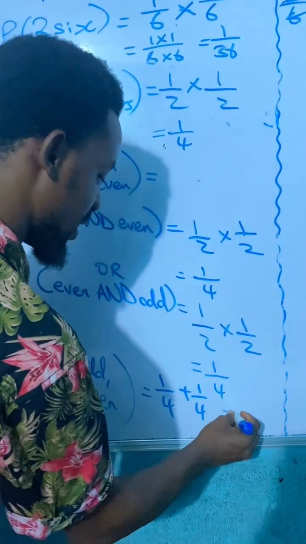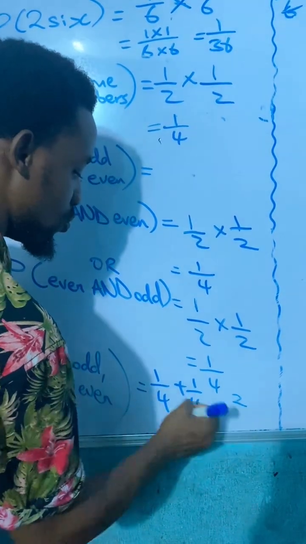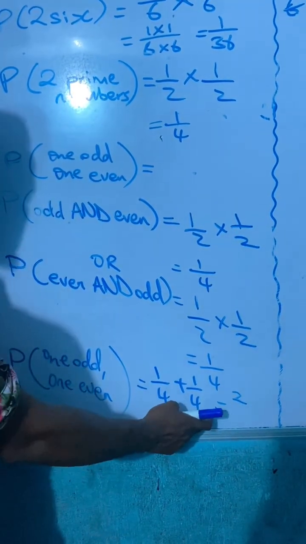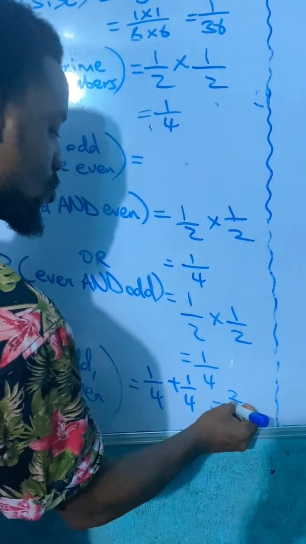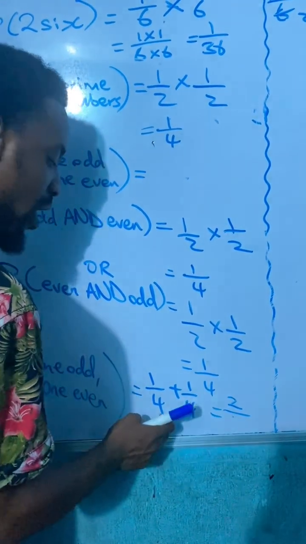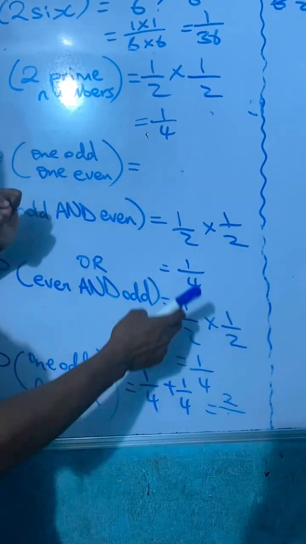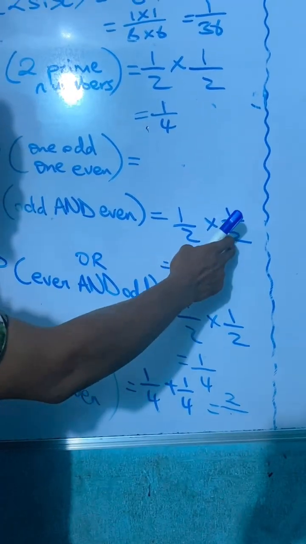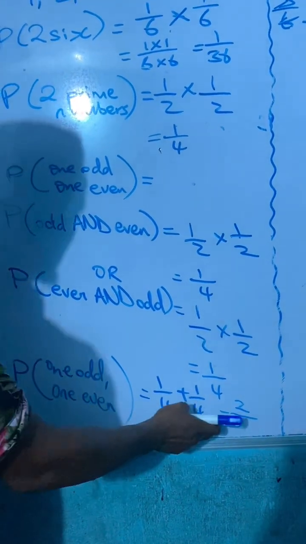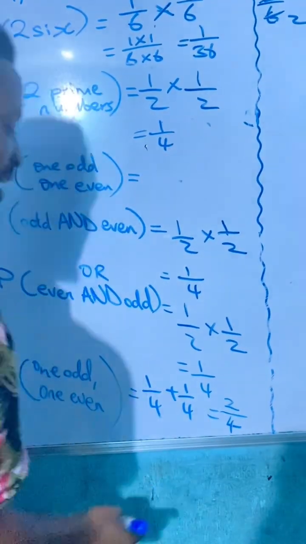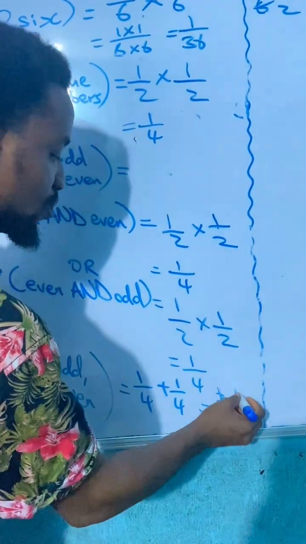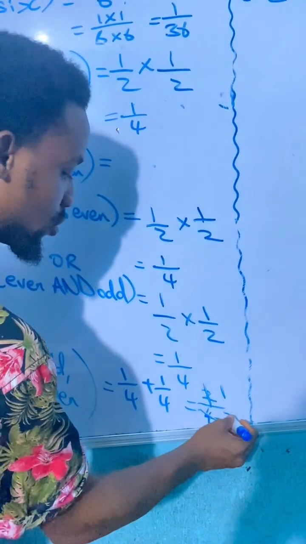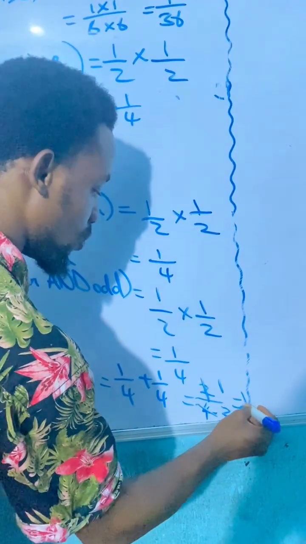Remember, since they have the same denominator, you add the numerators together. 1 plus 1, 2 over 4. You are not adding the denominators, but if it's multiplication, you multiply the denominators. Since it's addition, you just bring it there. That's 2 over 4. Then 2 divided by 2, 1, 2 divided by 4, 2, which equals 1 over 2.